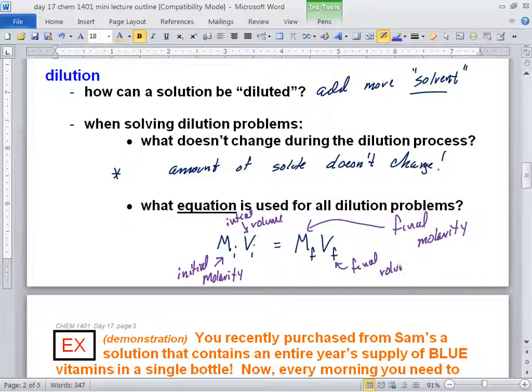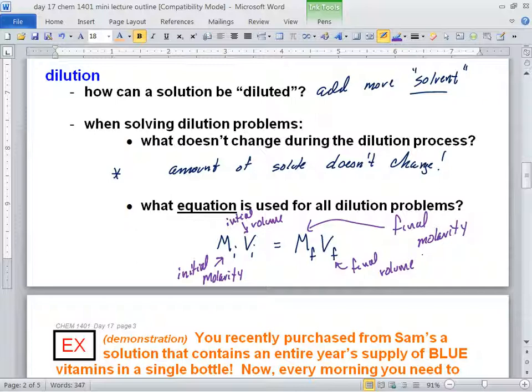Okay, now let me save you a little bit of trouble here. When we're talking about units, Lorena, what were the units for big M again? Yeah, molarity or molar, but it was moles over liters. So do the V's have to be liters?